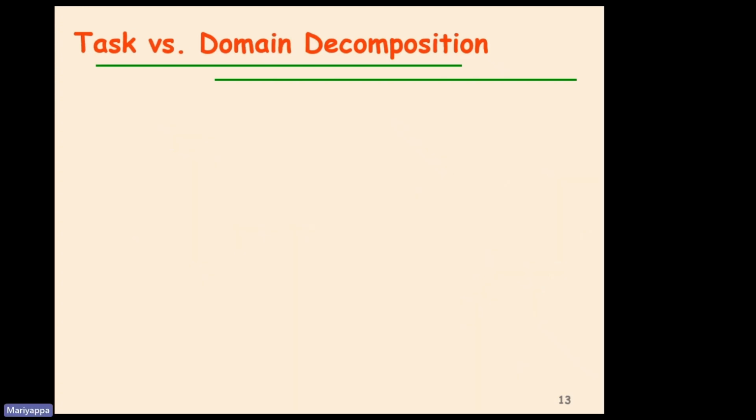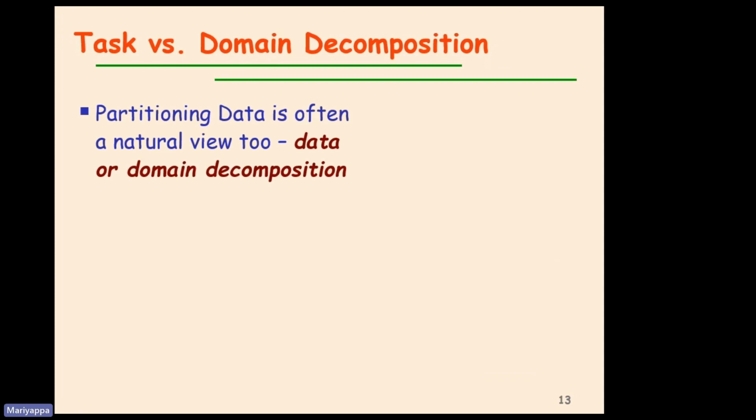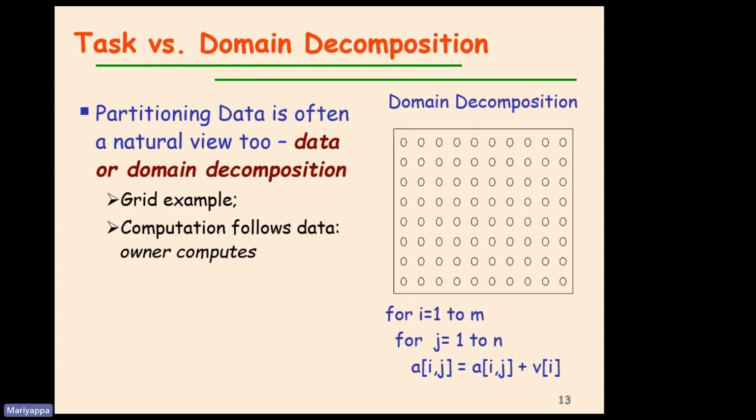Okay, now let's look at what domain decomposition is. Today you use domain decomposition in most places. Let's again take the example of a grid, where we want to square each element, or do some addition, scalar or vector addition, whatever it is, for each of these elements which are independent of each other. Because these are independent of each other, my decomposition can be at the level of each element.